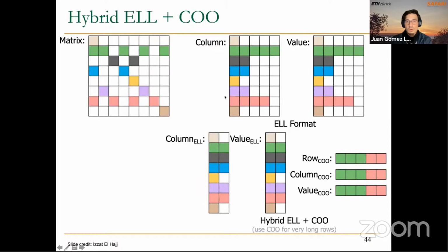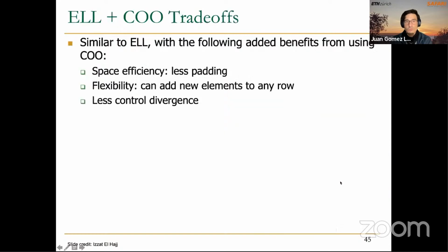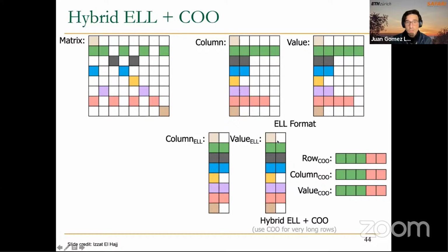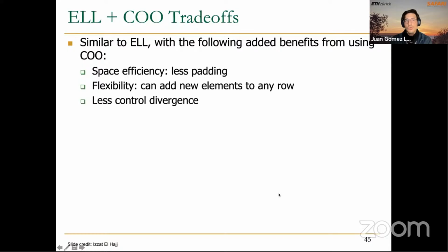So even if one row is complete in the ELL part of the matrix, we can always store new elements in the COO format. And it shows less control divergence. Why is that? Because this part stored in the ELL format is pretty dense, as you can see. And because it's pretty dense, when we assign one thread to each row, they will be working most of the time. So this way we are reducing the control divergence.